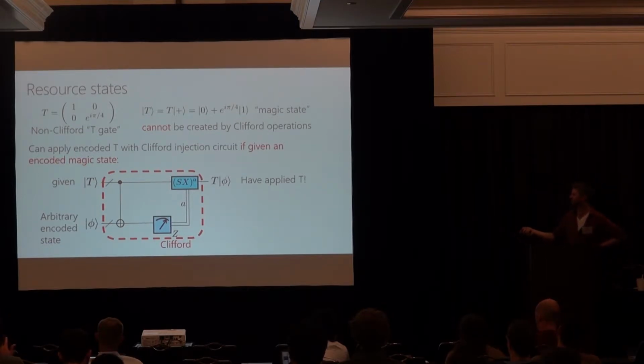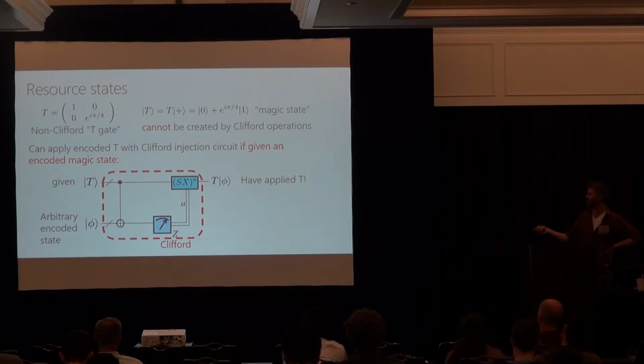So in this picture here, we're imagining that these wires are actually encoded qubits stored in, for example, the 2D color code. So only Clifford operations are allowed on those qubits. And all these circuit elements are Clifford.